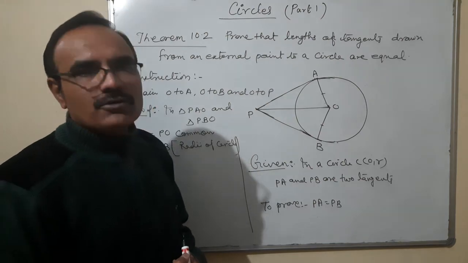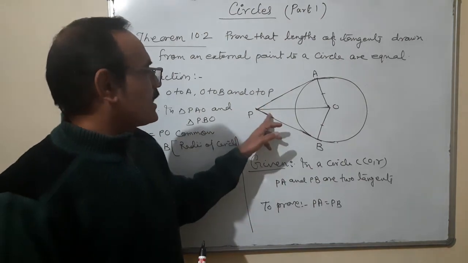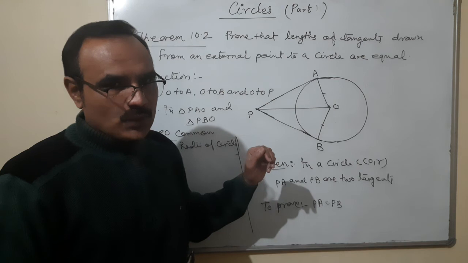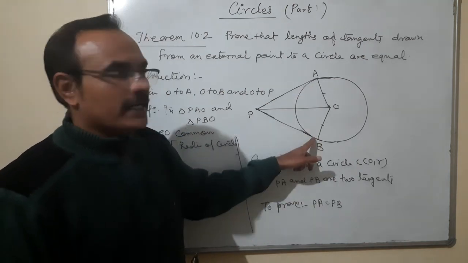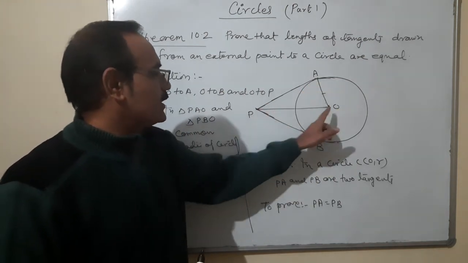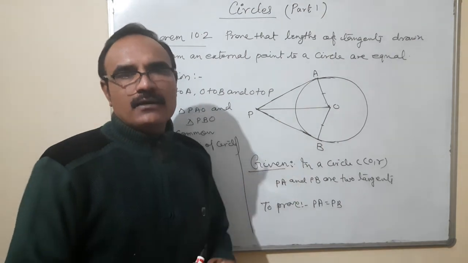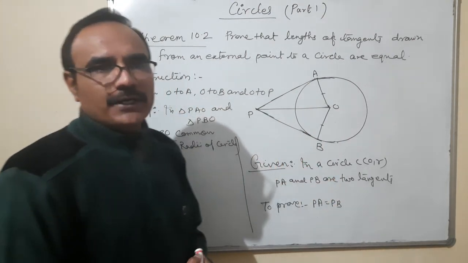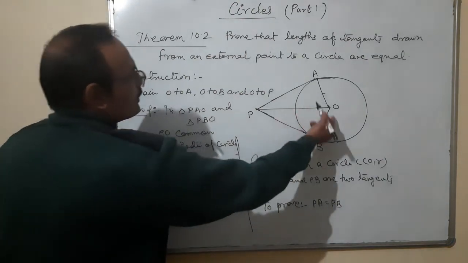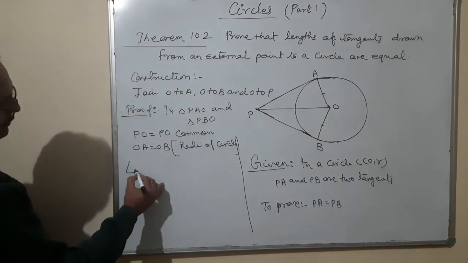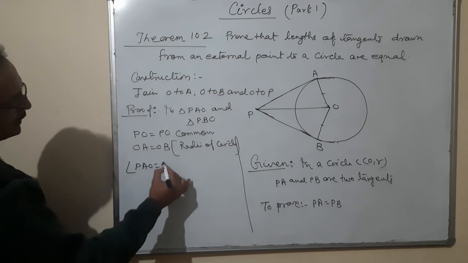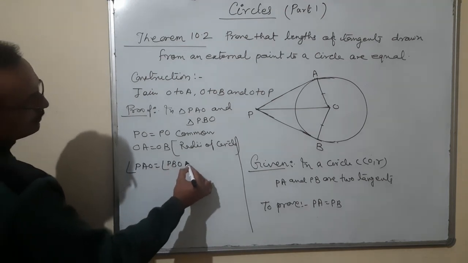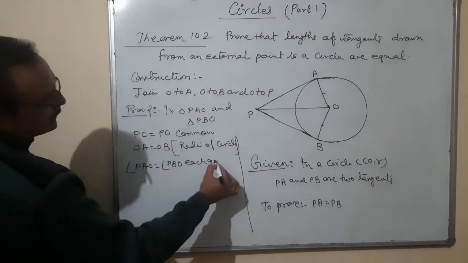Now let us discuss the angles, whether these two angles are equal. This angle is equal to that one. Angle OAP is equal to angle OBP. Reason? Theorem 10.1: a tangent to a circle is perpendicular to the radius through the point of contact. So I write here angle PAO is equal to angle PBO, each 90.